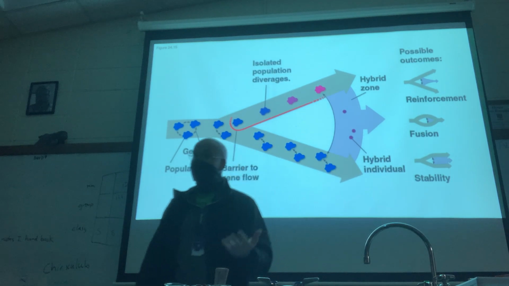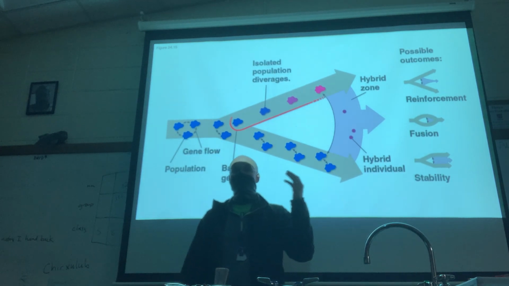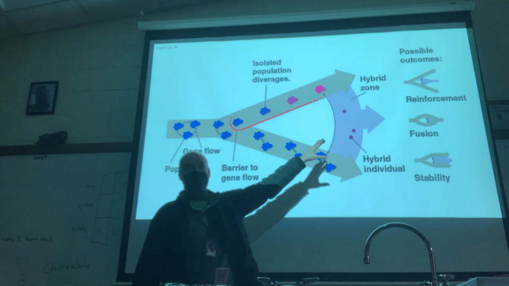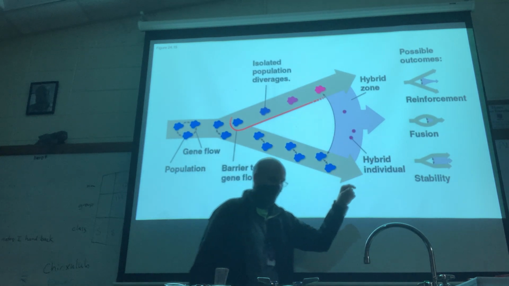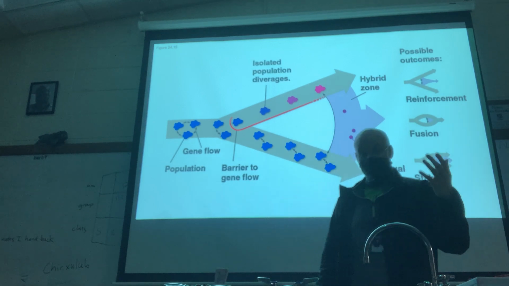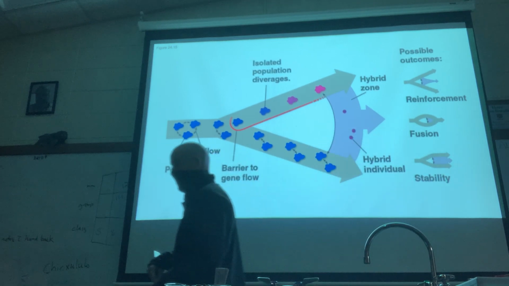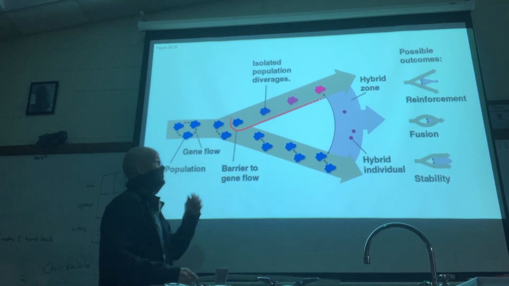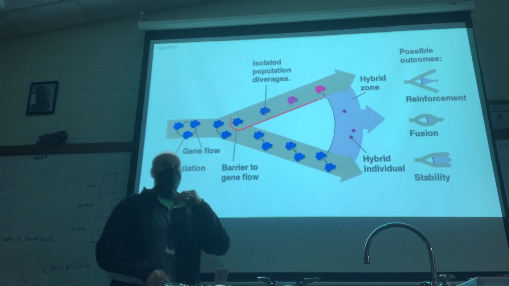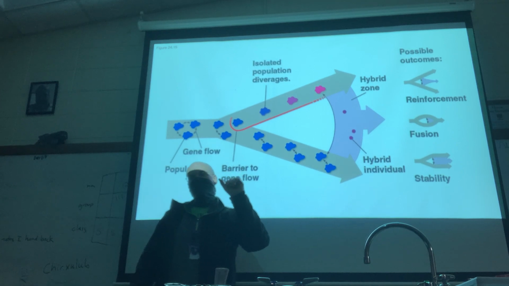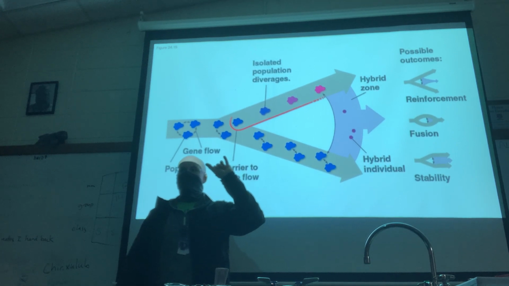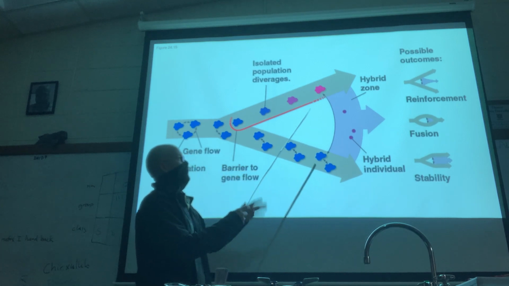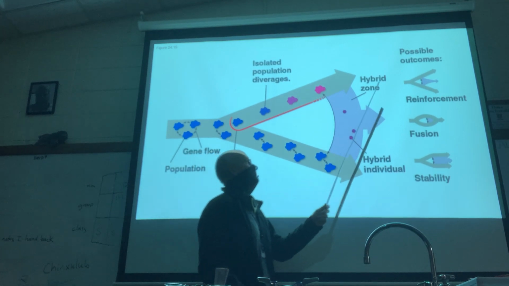Your book does a really good job of describing these different possible outcomes of having a hybrid zone and giving real life examples of these different possible outcomes. There's just one, I don't want to say trick, but sometimes it feels a little backwards. So I want to go through them pretty quickly.